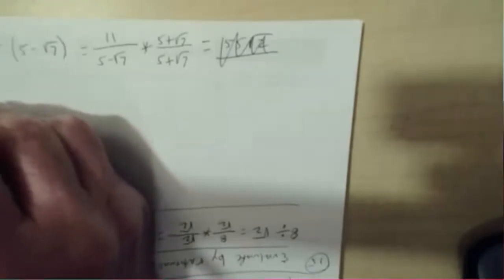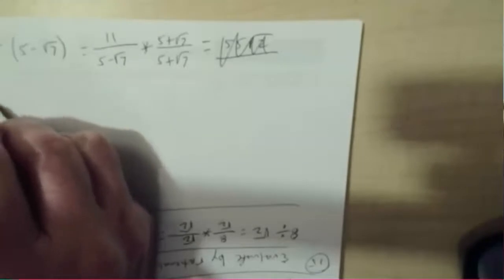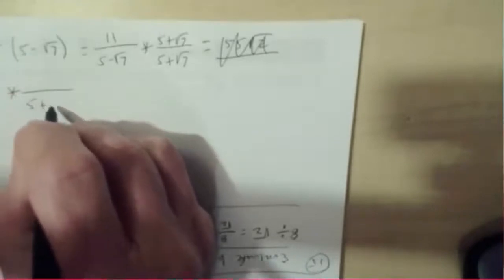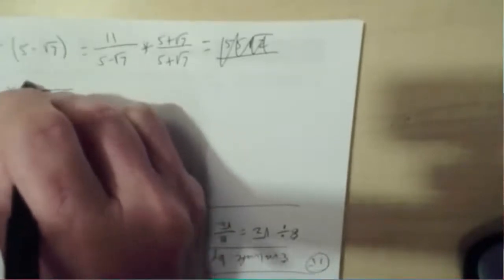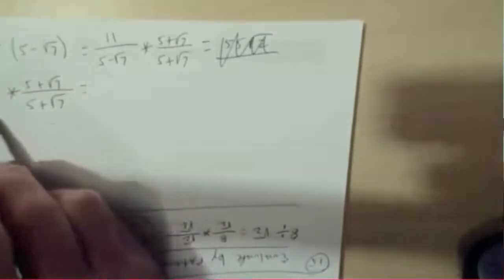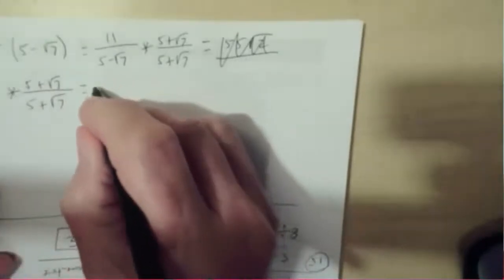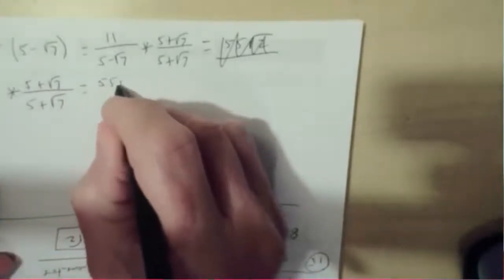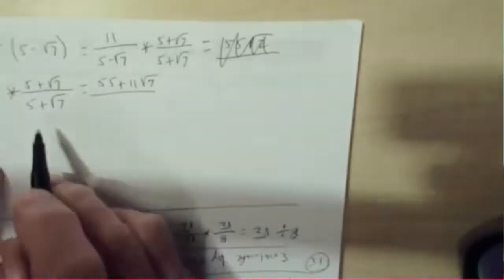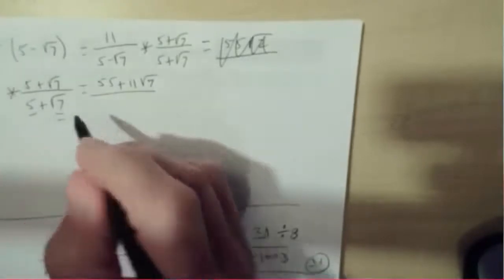Okay, let me rewrite this over here. 11 over 5 minus the square root of 7 times 5 plus the square root of 7. So we have to multiply 11. We have to use the distributive property here. So this is 55 plus 11 square root of 7 over. Now remember, when you have a conjugate, multiply the first numbers and the last numbers, and that's all you have to do.